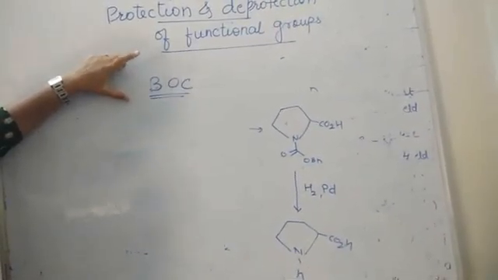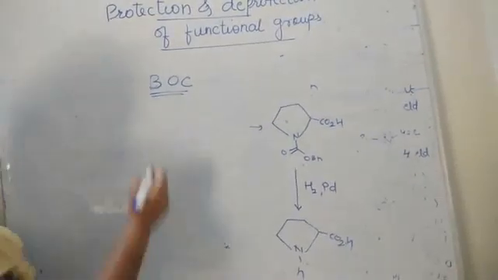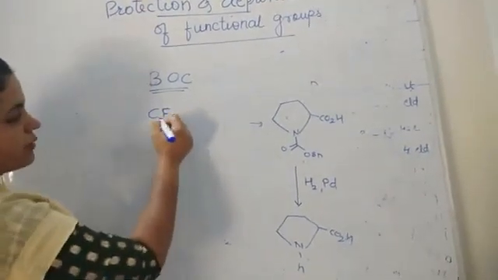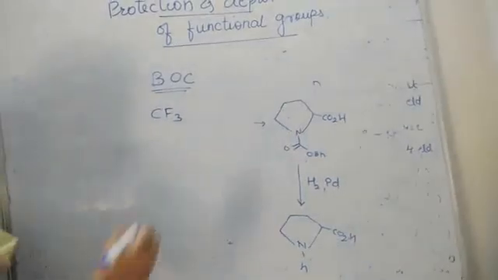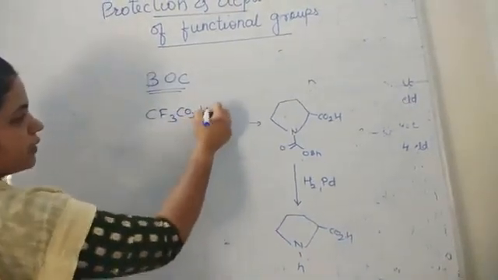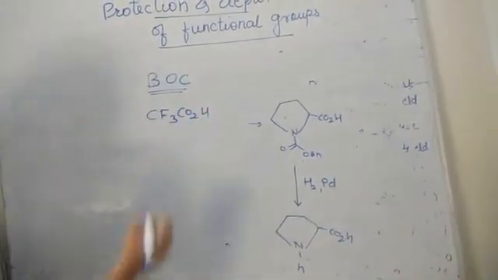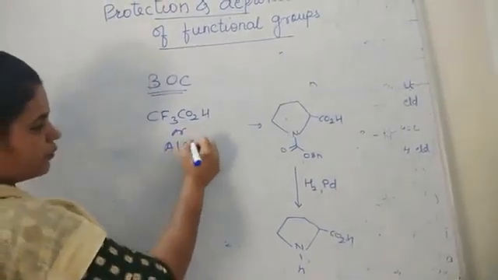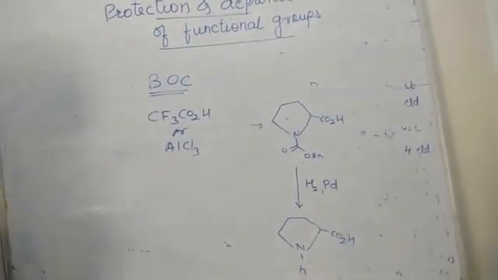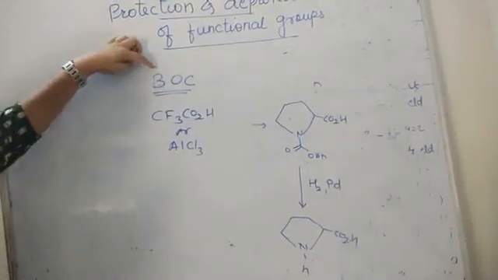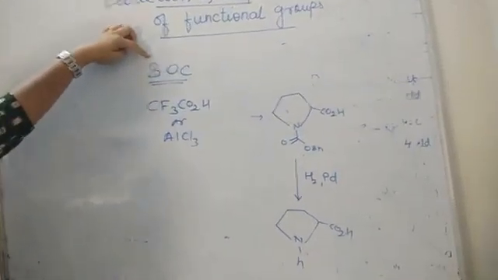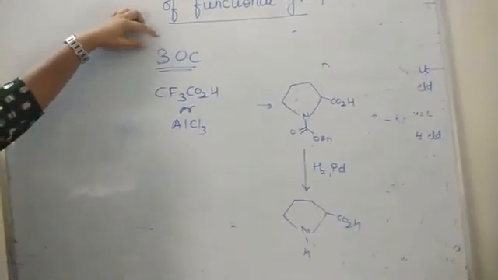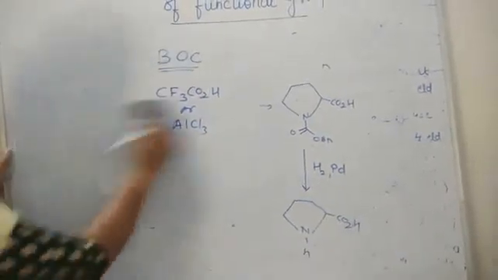And they are cleaved by strong acid. For deprotection, we can use a strong acid like trifluoroacetic acid and so on, or we can use AlCl3 for its deprotection. So BOC is the tertiary butoxycarbonyl group which is used for protecting amine.